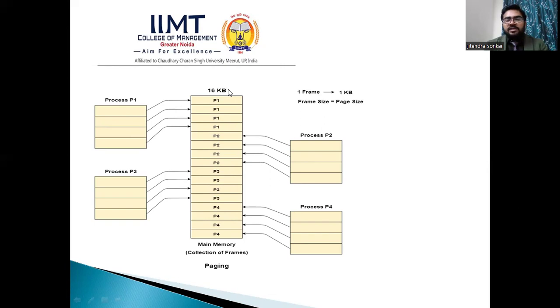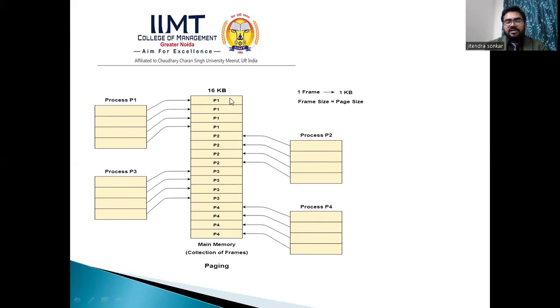Initially, the operating system tries to allocate memory to the process in a contiguous way if the memory space is free. As we can see in the figure, for every process sufficient memory space is available. Process P1 is stored in these frame numbers, process P2 is stored in these frame numbers, and process P3 and process P4 are stored in the memory space available in the memory.